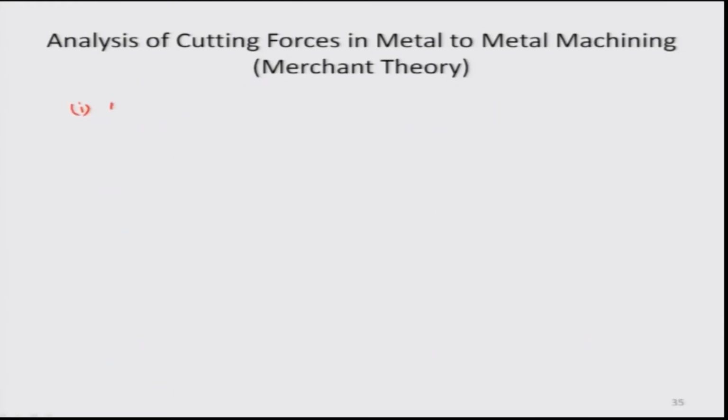So, we find mu by the ratio F by N, that is the friction force by the normal reaction, and in terms of cutting force and tangential force, F can be expressed as Fc sine alpha plus Ft cos alpha.